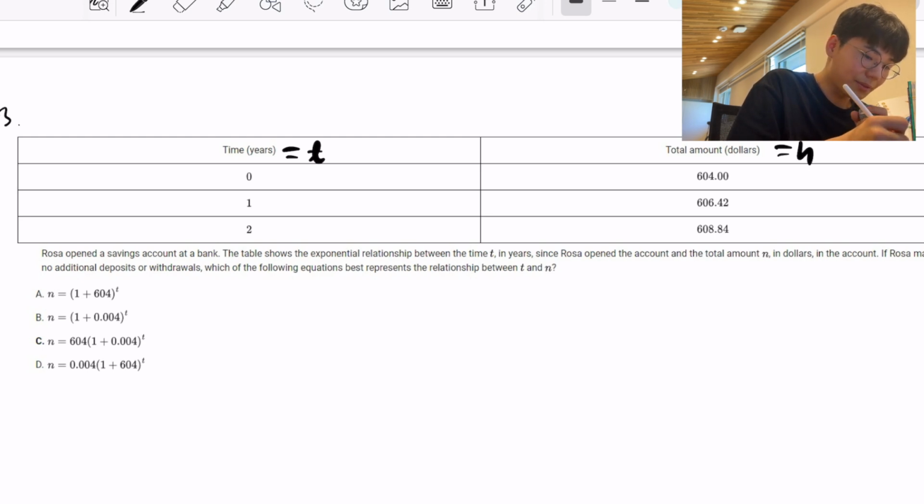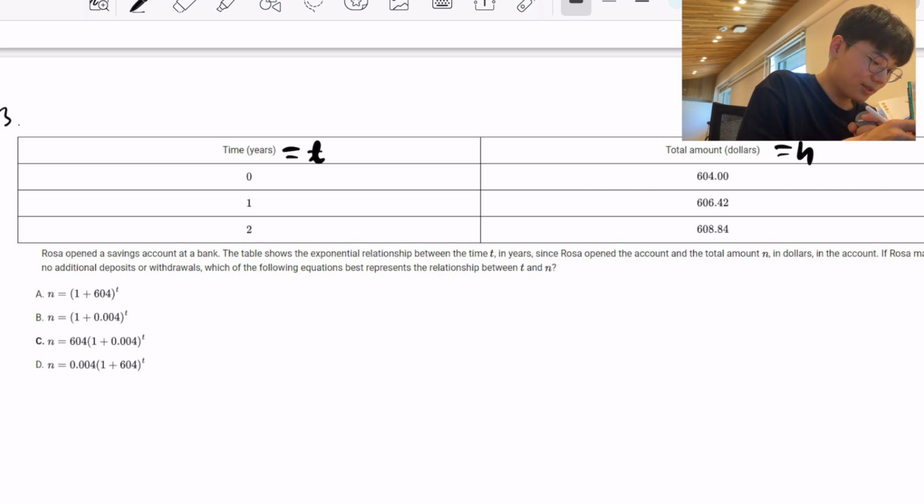The total amount of dollars seems to be dependent on the time. Let's just plug in 0 here and see where we get 604. Note that any number to the power of 0 is 1.